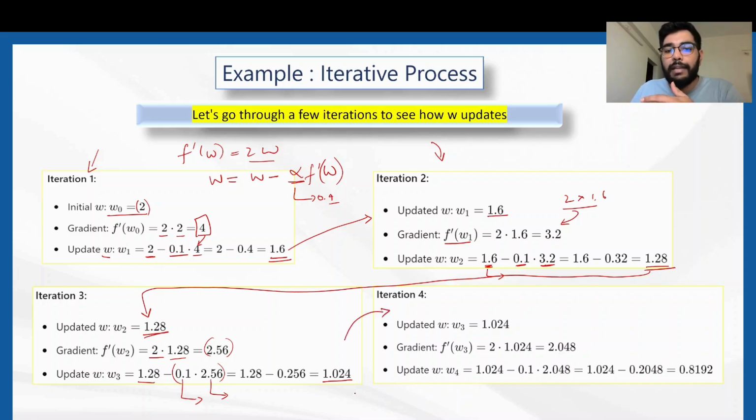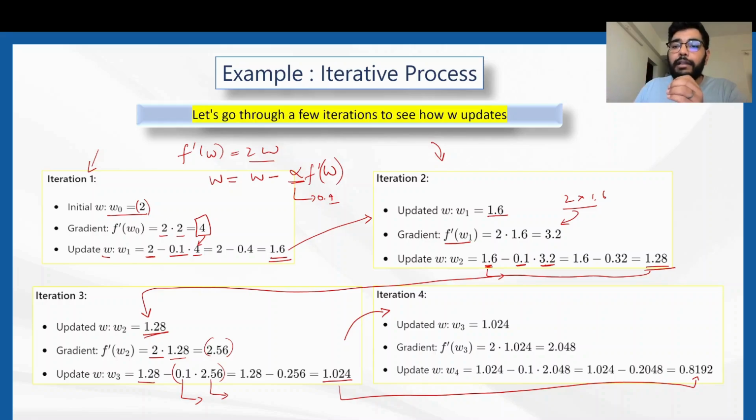Repeating the same process in iteration 4, we see that the weight has now decreased to 0.8192. If we were to repeat this process again, we see that w is approaching zero step by step. And let's say by the 10th or 15th iteration, it will reach a point where w will be approximately equal to zero, following the same iterative process.